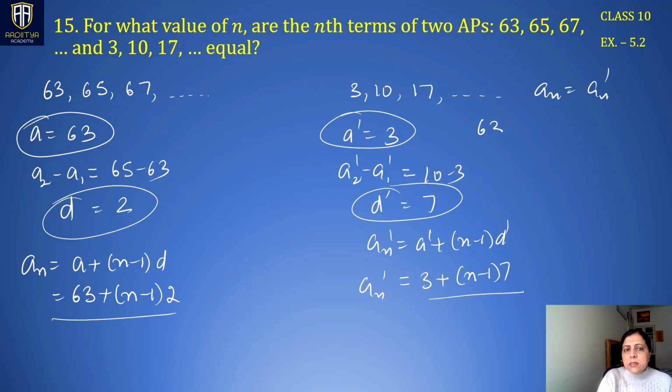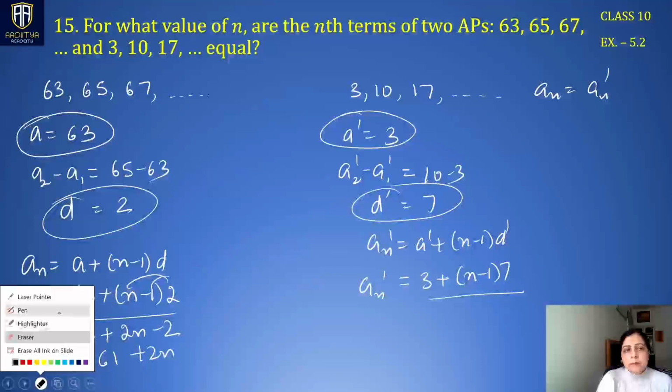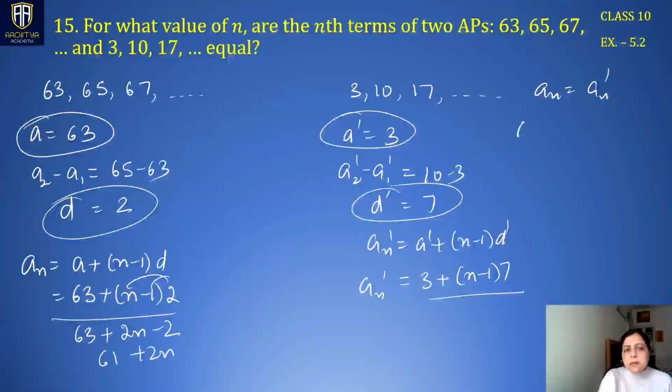That means 63 plus, I am opening this, 2n minus 63 plus 2n minus 2. 63 minus 2 is 61 plus 2n. So I am simplifying this. This is 61 plus 2n.